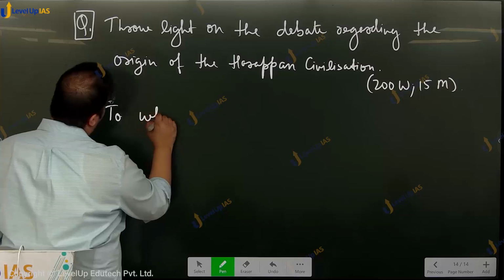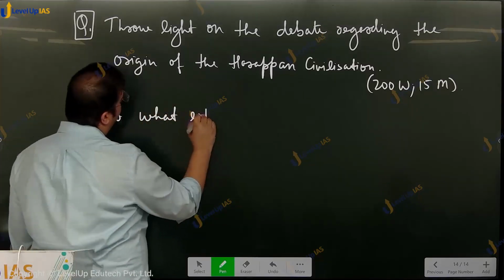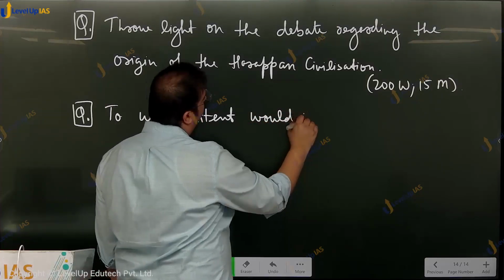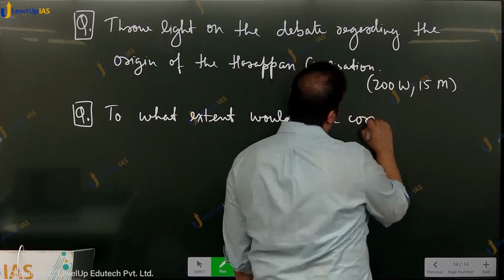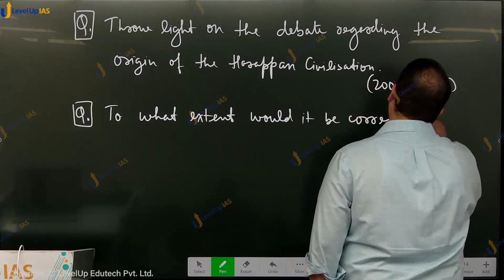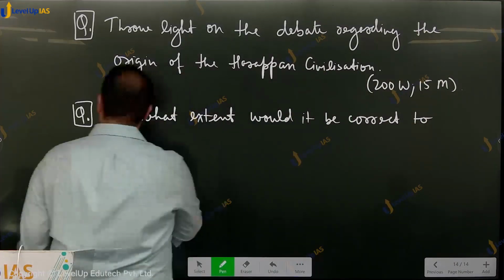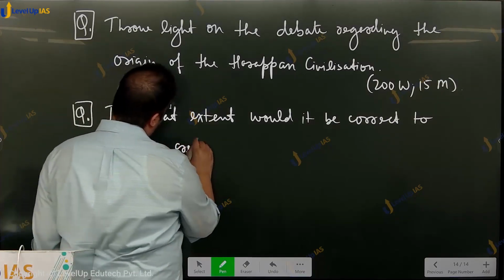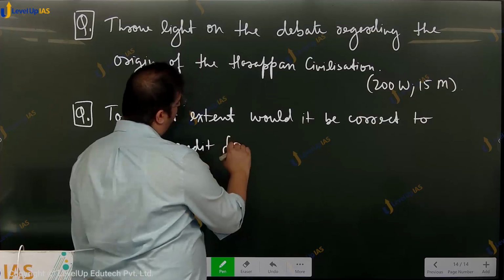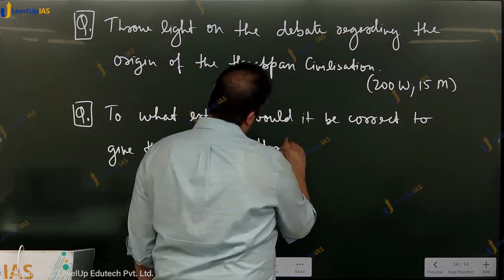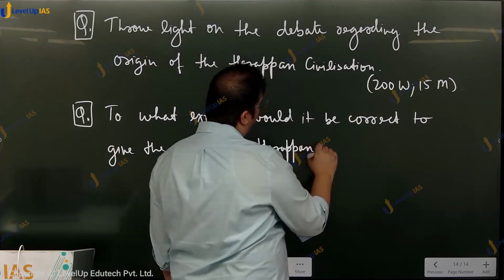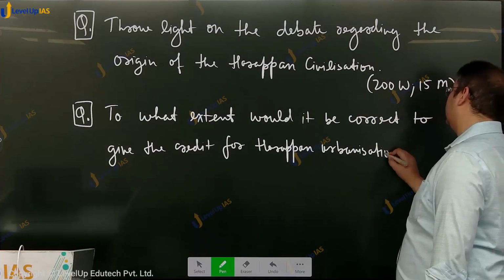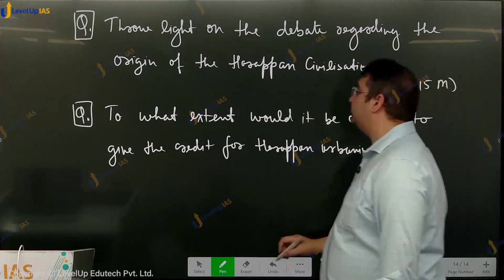To what extent would it be correct to give the credit for Harappan urbanization to Mesopotamians?